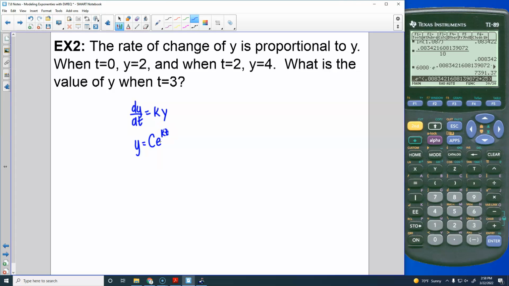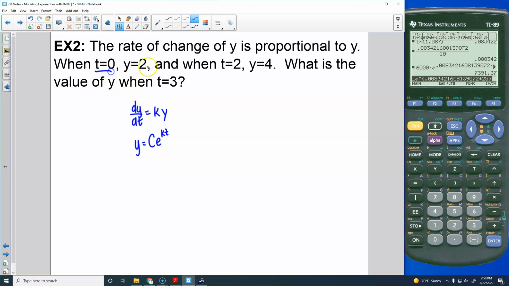That threw me for a second, because the y would be moved over to the other side. If it was proportional to the square of y, or the product of y and z, or something like that, then you would have to set up the differential equation and solve. But if it's just k times that variable, then you can just skip to this.